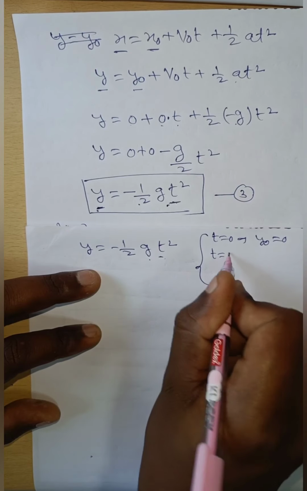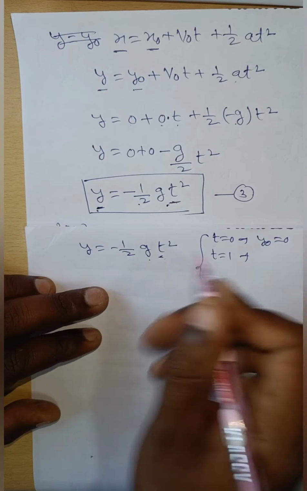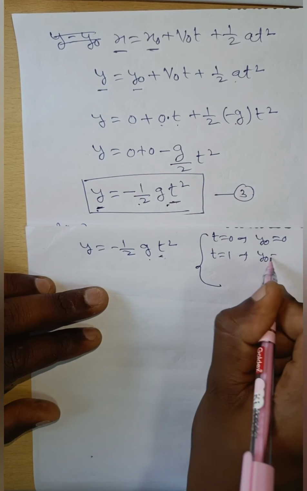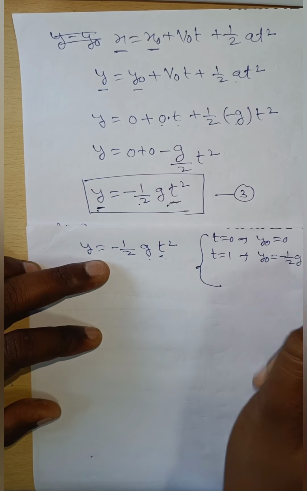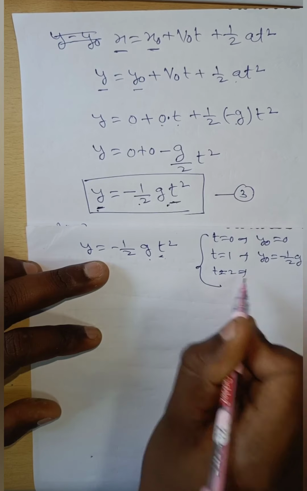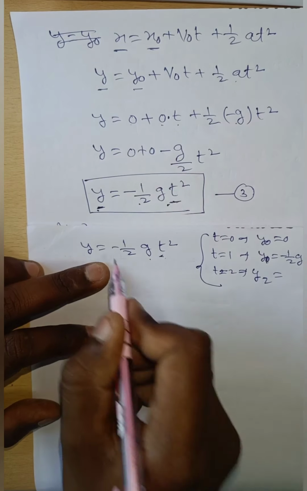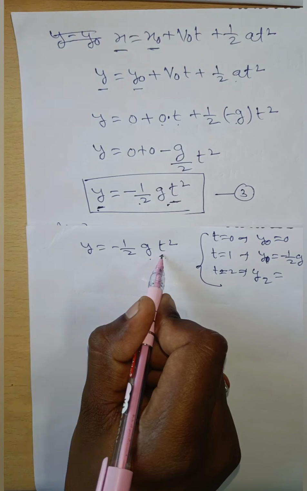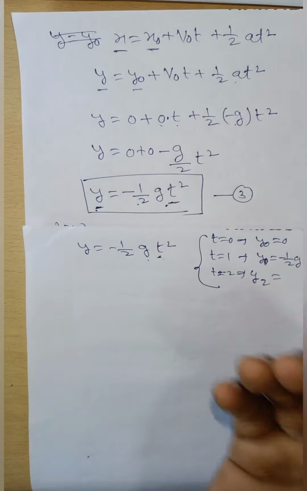For t equal to 1, we get minus half into g. For t equal to 2, 2 square is 4, 4 divided by 2 means minus 2g.